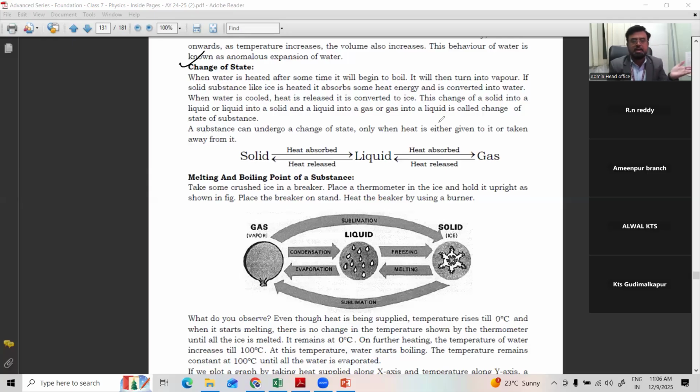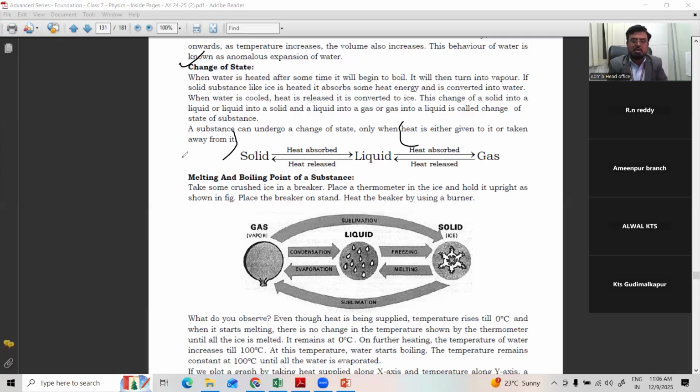Any state to any state. All possibility is there. A substance can undergo a change of state only when heat is either given or taken away from it. Only by these 2 methods can the state be changed.